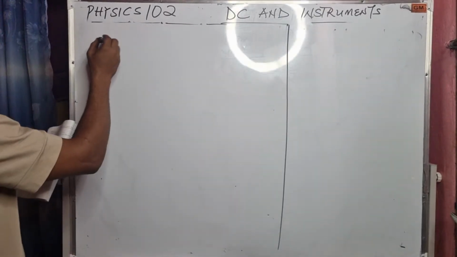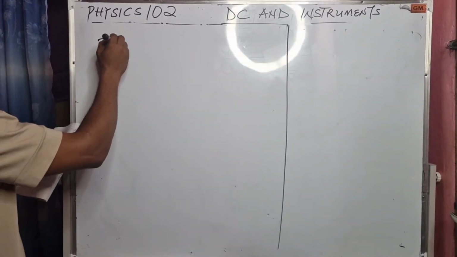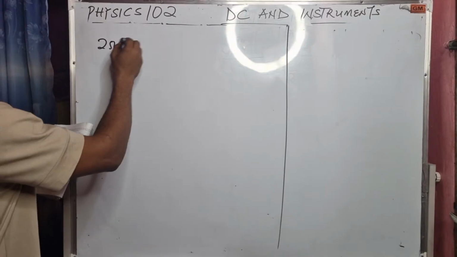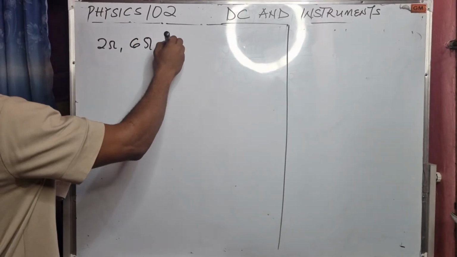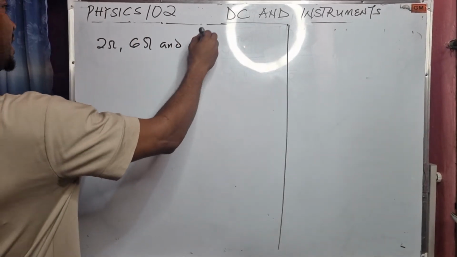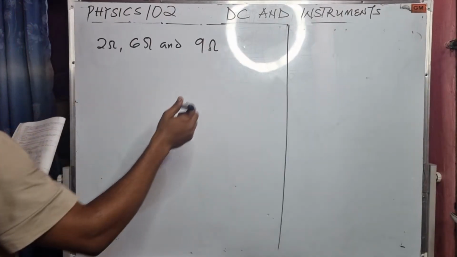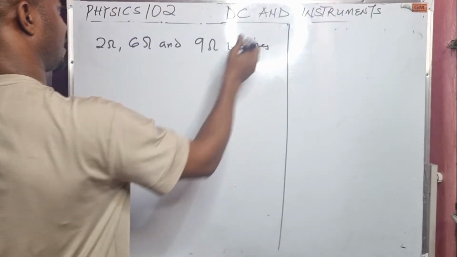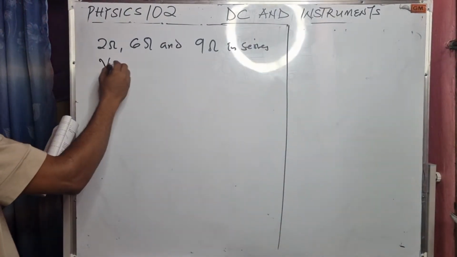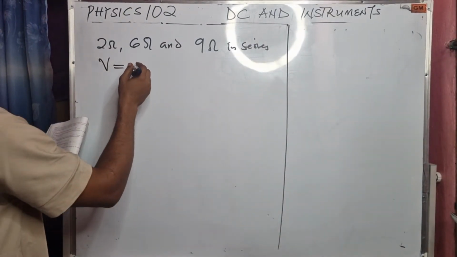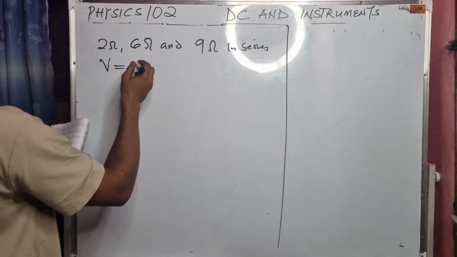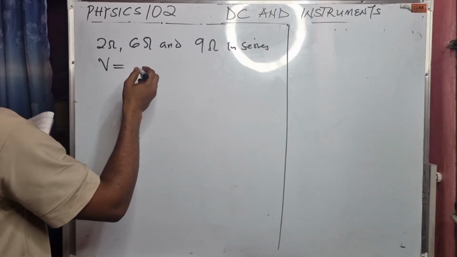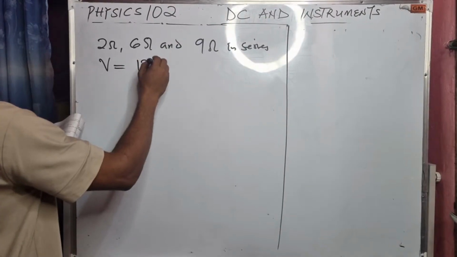I repeat, we are told that three resistors, 2 ohms, 6 ohms, and 9 ohms are connected in series, and the battery was given as 120 volts.